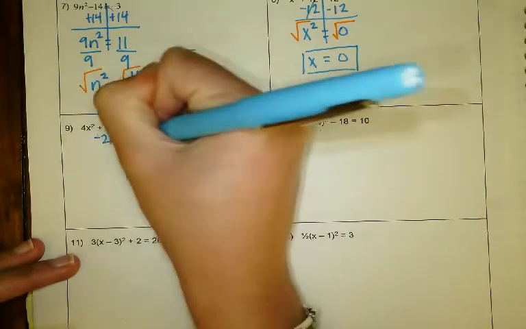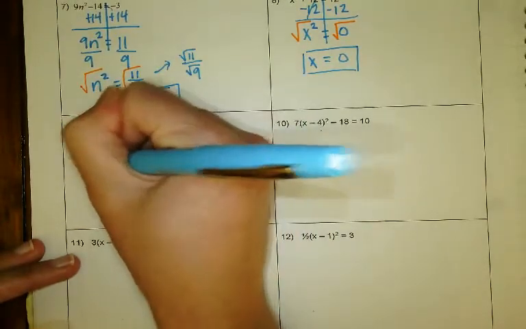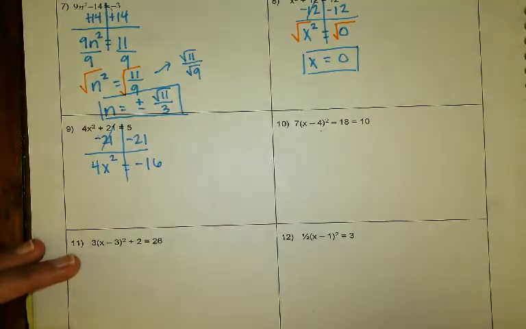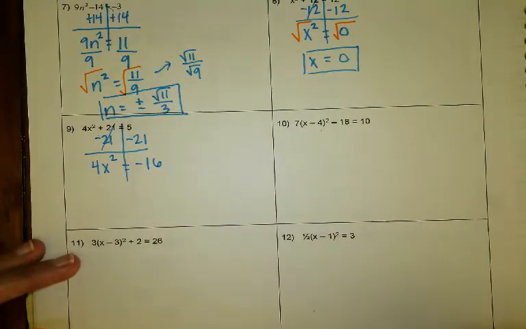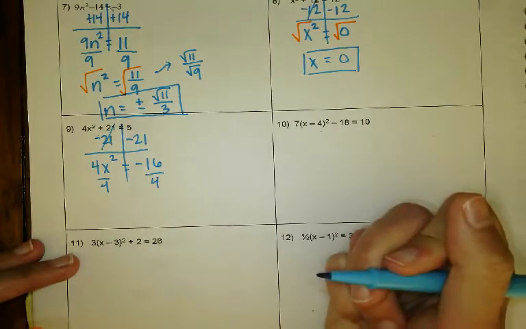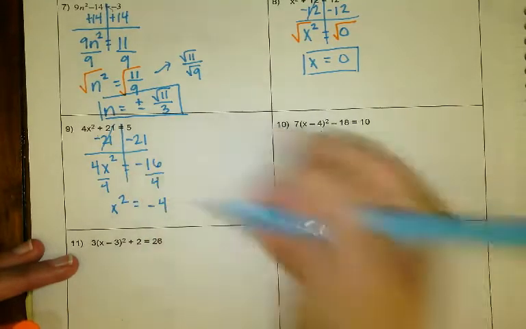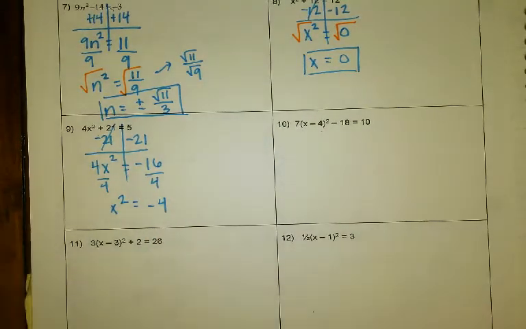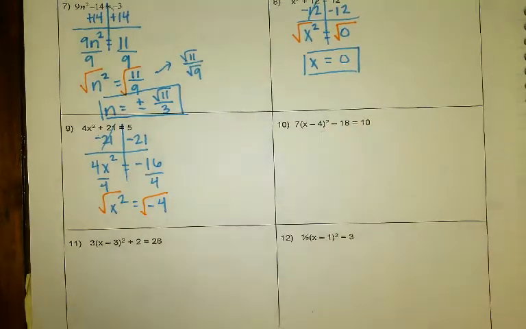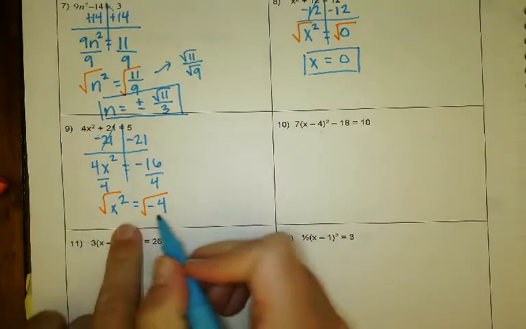I'm going to subtract the 21. So I get negative 16 on the right side. I'm going to divide by 4. So I get x squared equals negative 4. Okay, I know this feels like a normal problem that we've been doing today, but there's actually a problem here.